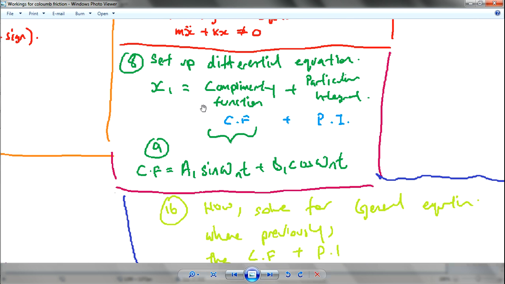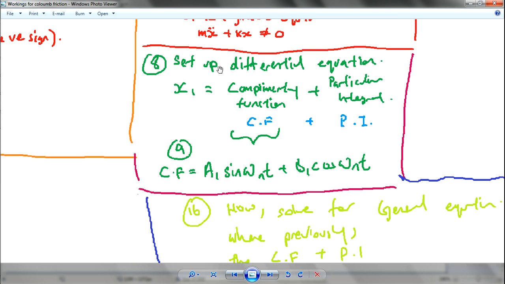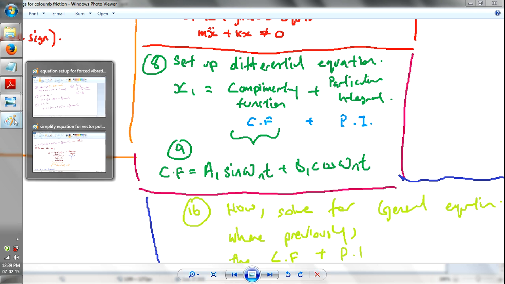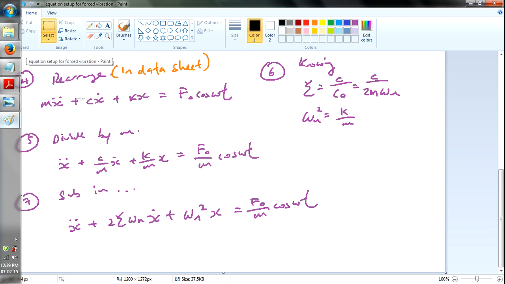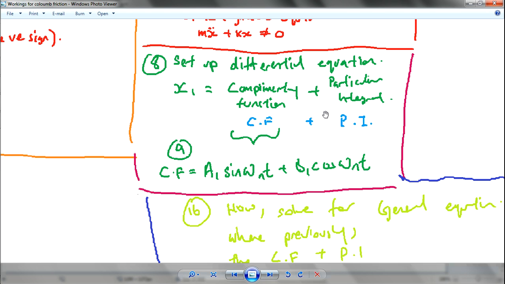Apparently when you want to solve this, you need a complementary function and a particular integral, if you are solving a non-homogeneous second order differential equation. So using the same thing, we solve for whatever we want. Now there's an important concept here.